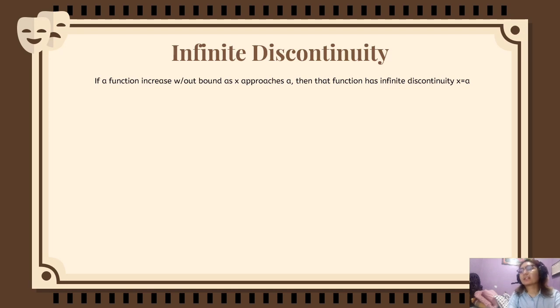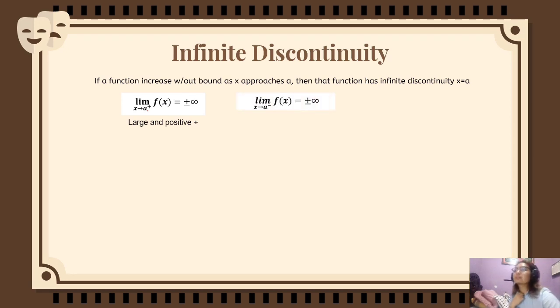The limit of f of x as x approaches a from the positive side is positive or negative infinity, large and positive. The limit of f of x as x approaches a from the negative side is positive or negative infinity, large and negative.